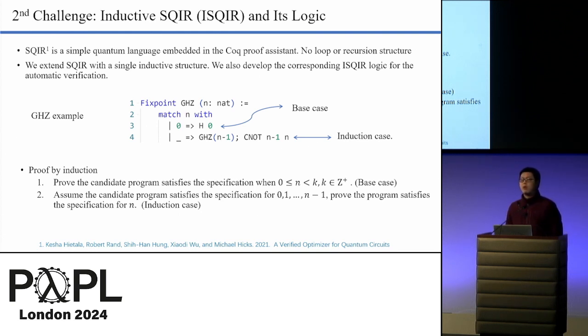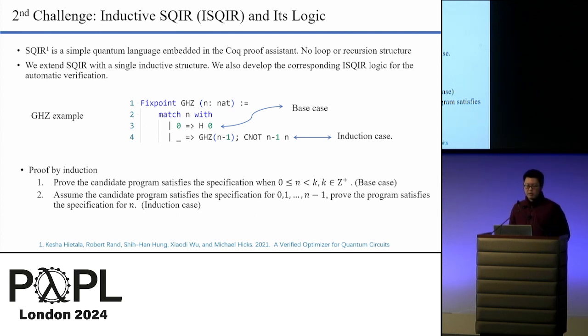And the QSynth verifier will try to verify that this program satisfies the user specification to prepare an n-qubit GHZ state in 2 steps. The first step, it will try to prove the candidate program satisfies the base condition, which means that the program satisfies the specification when the input argument n is less than some constant number k. And in this example, k equals 1.